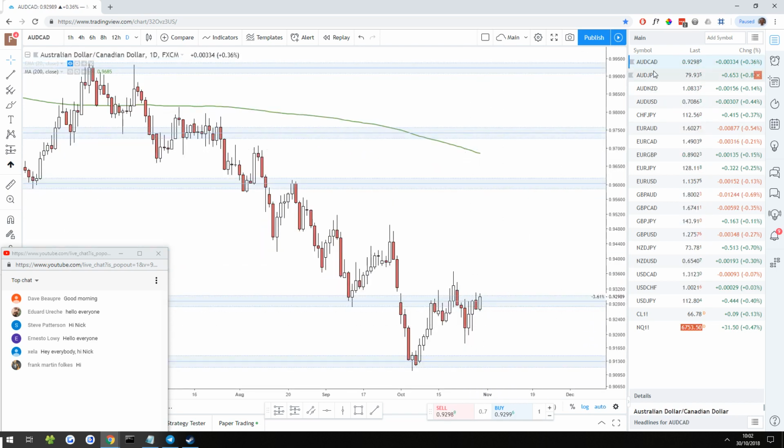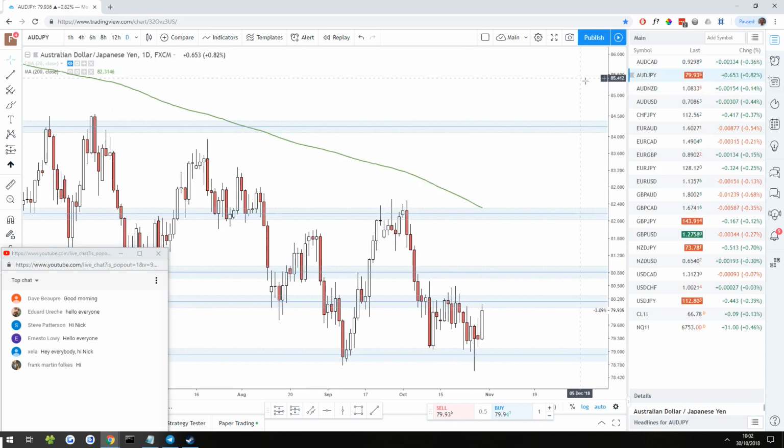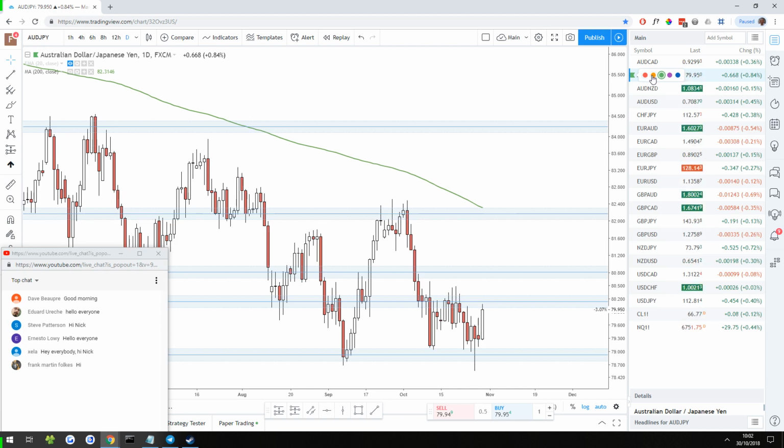So there was nothing on AUD CAD, so I'm flicking over to EURJPY. TradingView has this cool new feature. You can color the flags, which is going to be really handy for us. So I think for setups that are pending, things that haven't fully formed yet, I'll probably do orange. And for setups that are ready to go, I'll do green.